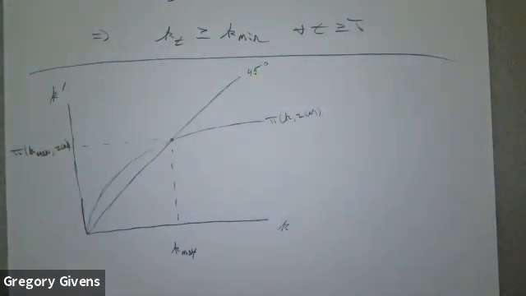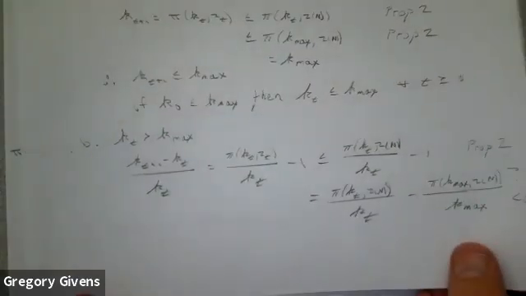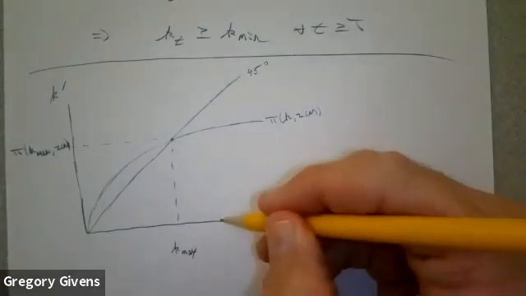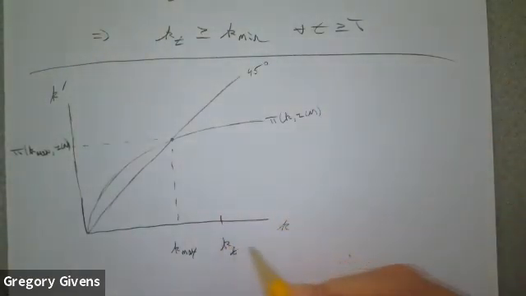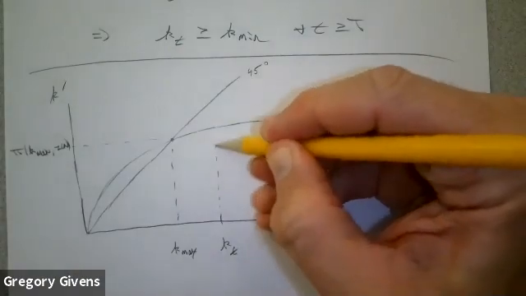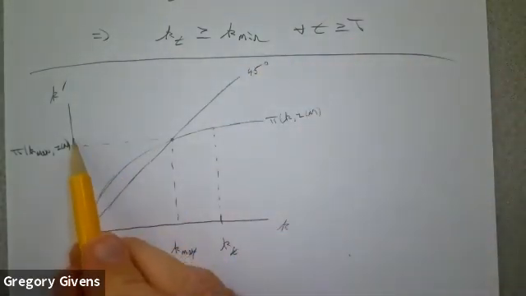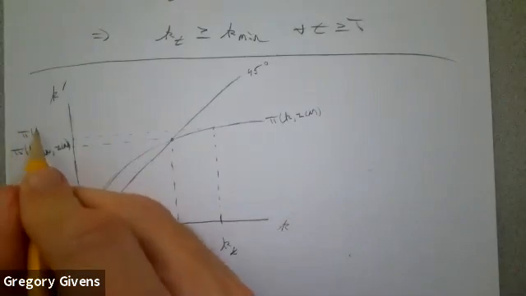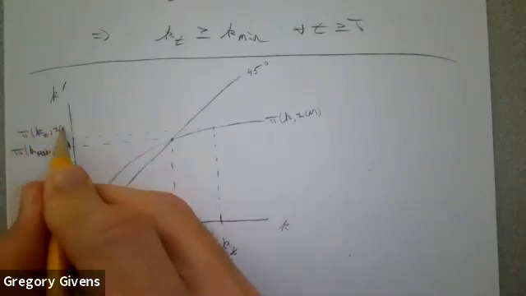Now, we've analyzed a case here in which we've assumed that K_t is bigger than K max. So let's take some K_t over here, which we know is bigger than K max. Pi of K_t, Z_n.